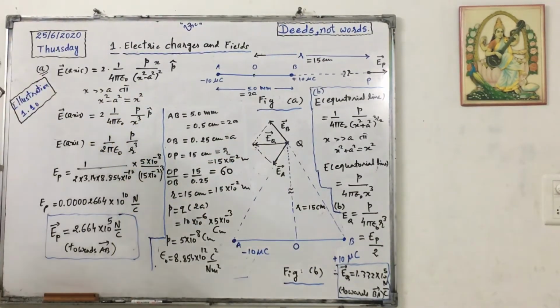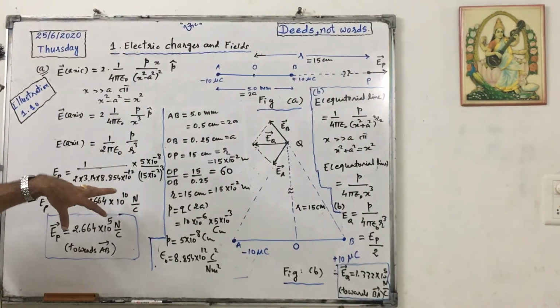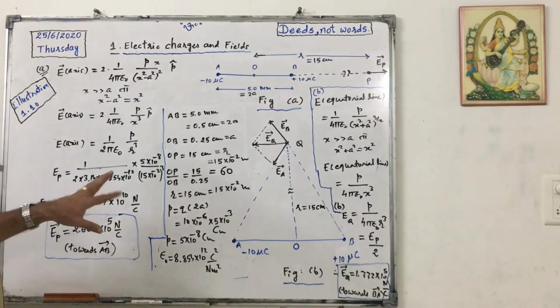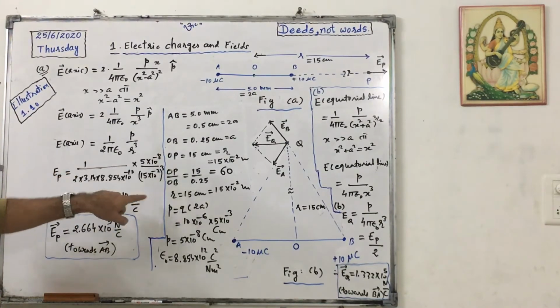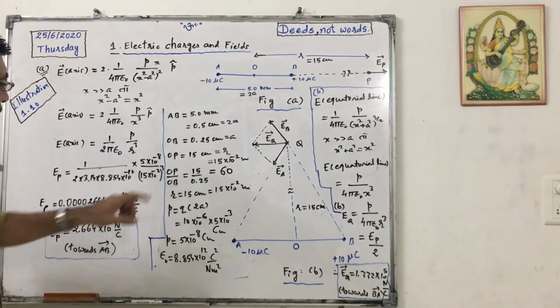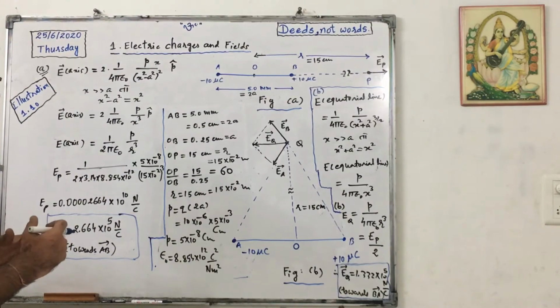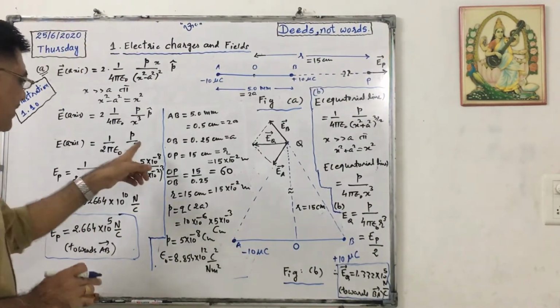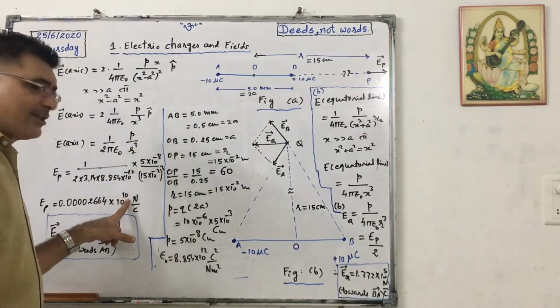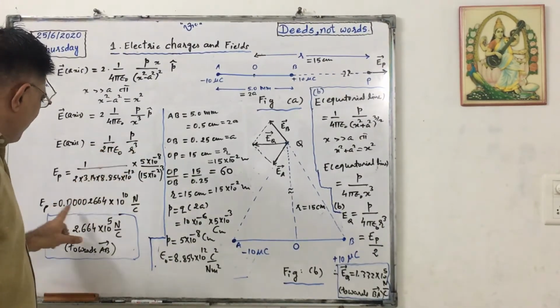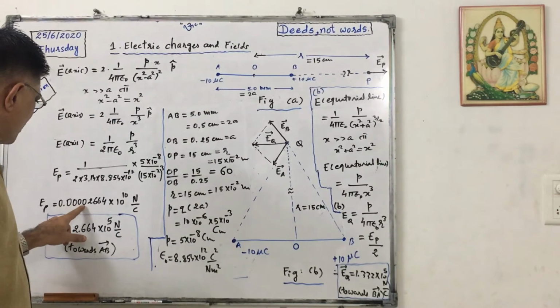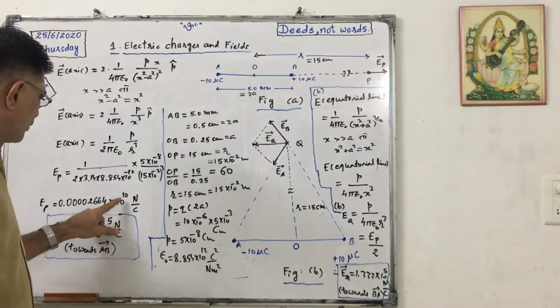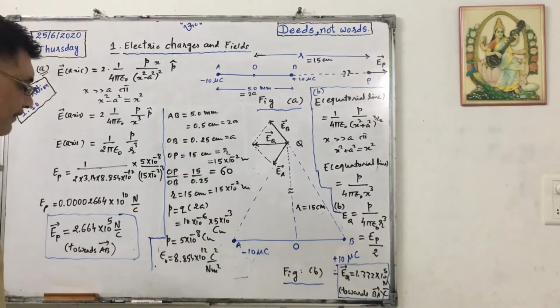Cube of it. So finally the answer will be, if you calculate by calculator, first of all see, this is minus 8, this is minus 12 and minus 6, so minus 18. That minus 18 will be added at the numerator. So minus 8 plus 18, that will be 10 raised to 10. And calculating this, it will be 0.0000266 into 10 raised to 10 Newton per coulomb.